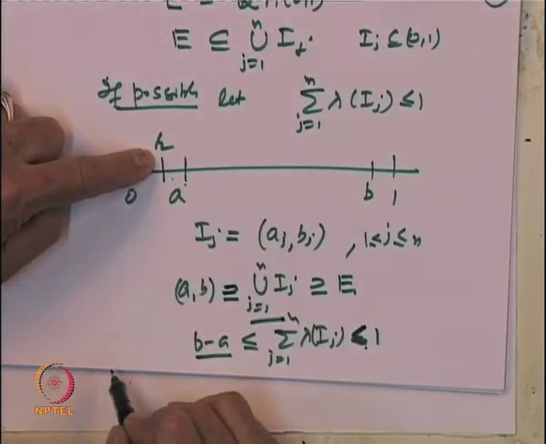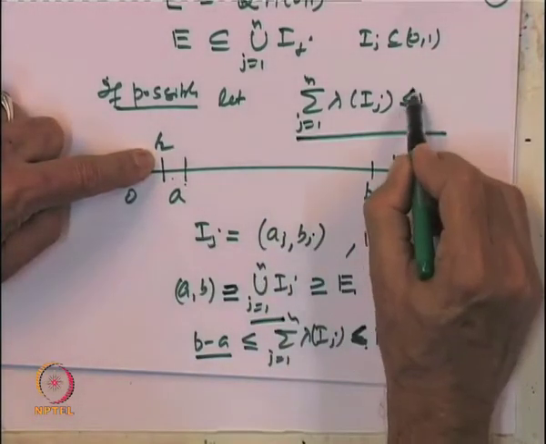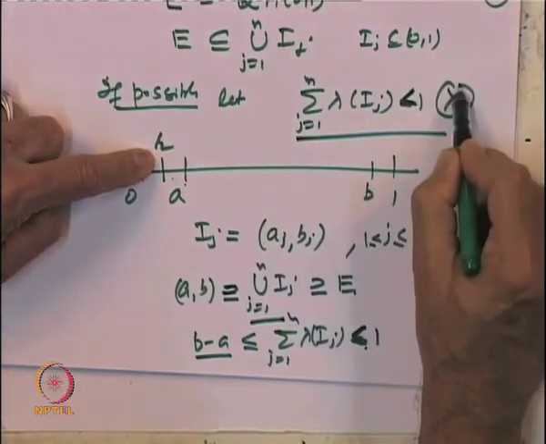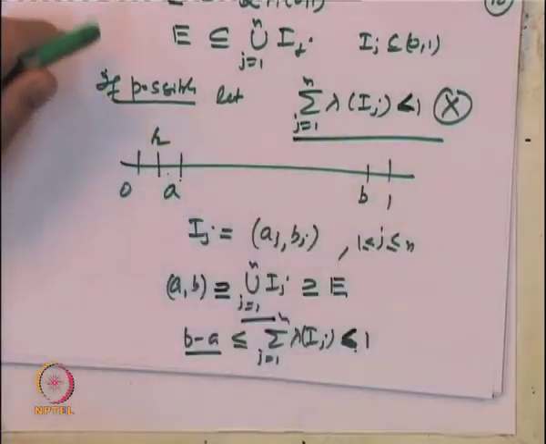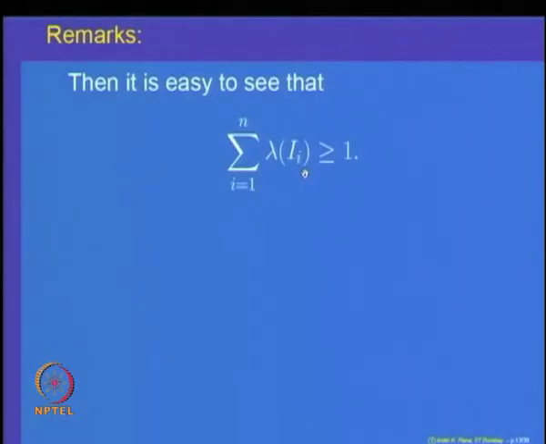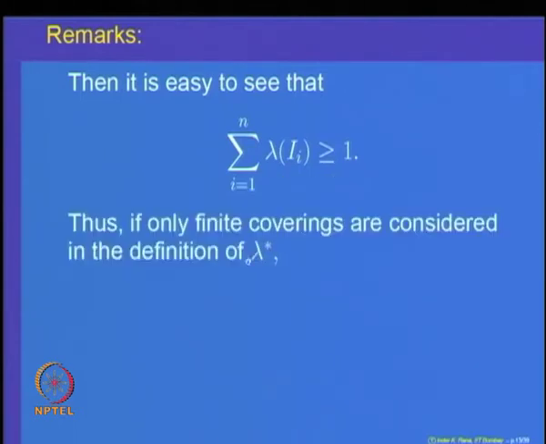That will be a contradiction. So this situation is not possible. That means, whenever these are covering, we have to have the sum of lambda of I bigger than or equal to 1. But that means all approximate sizes of E are bigger than or equal to 1. So, that will imply that lambda star of E is bigger than or equal to 1.